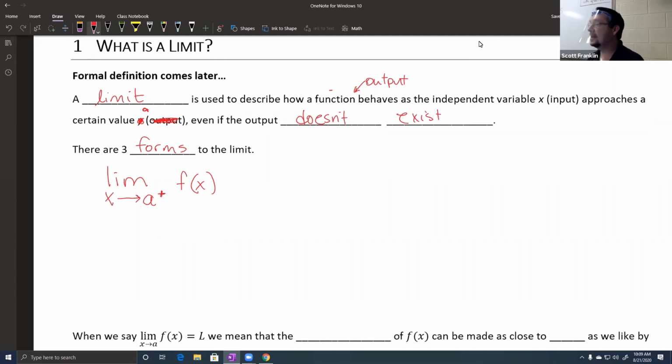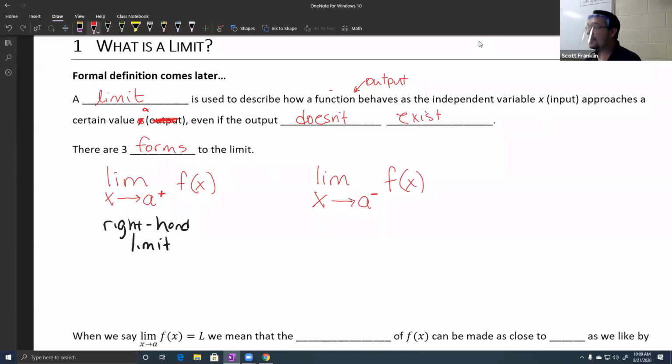So it kind of looks like in trig, when you have sine of something or cosine of something, I'm using a word here, or at least an abbreviation of it, to describe what we're doing. This is what I'm going to call a right-hand limit. And that will become clearer in just a second. The second form of the limit looks almost exactly the same. x, draw an arrow, write the letter a, and then in its exponent area, write a minus sign.